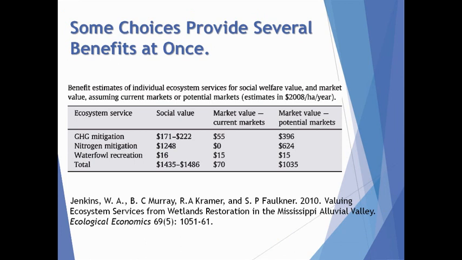I would like to point out that when we talk about waterfowl recreation, the paper only estimates the benefits associated with hunting. There are other benefits, such as bird watching access, that are not quantified, and certainly there may be other benefits in terms of habitat that are not in here. So you can see that we have a policy that is certainly important for non-point source pollution control that also provides greenhouse gas mitigation benefits.